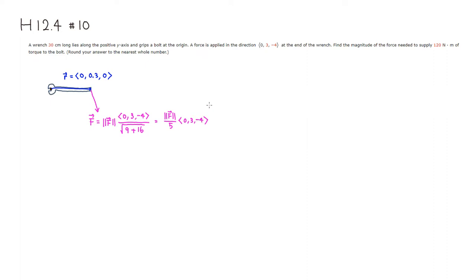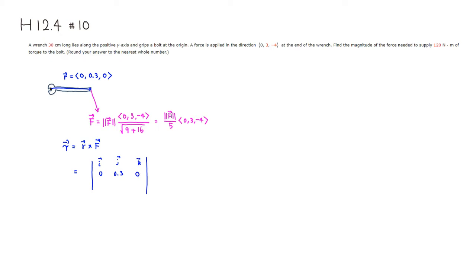All right, so let's try to find the torque here. Remember that the torque, tau, is just the cross product between r and the force vector F. So we have i, j, k, then 0, 0.3, 0.